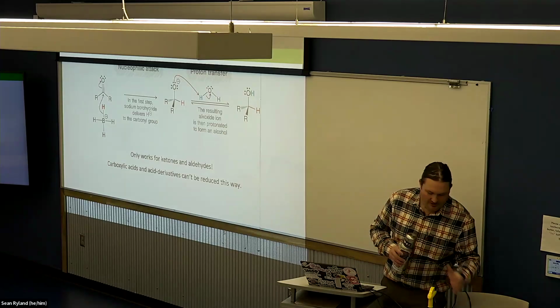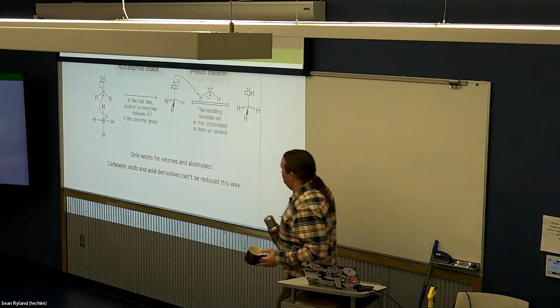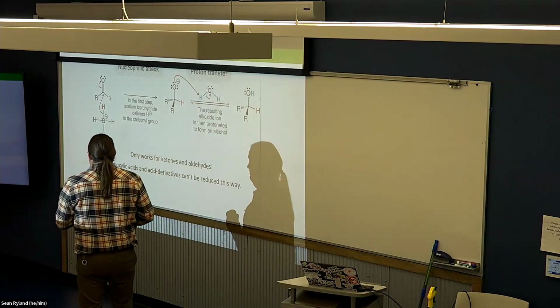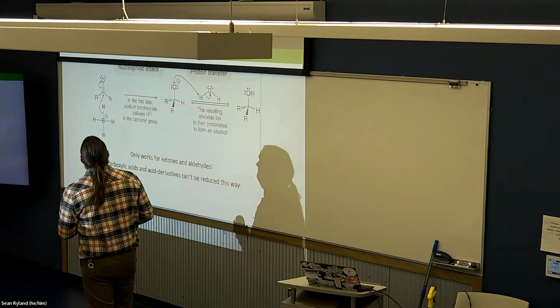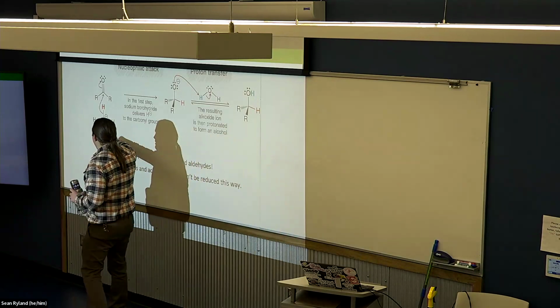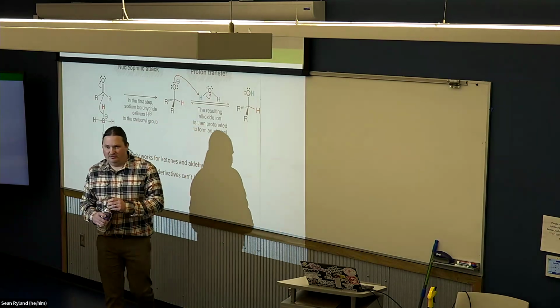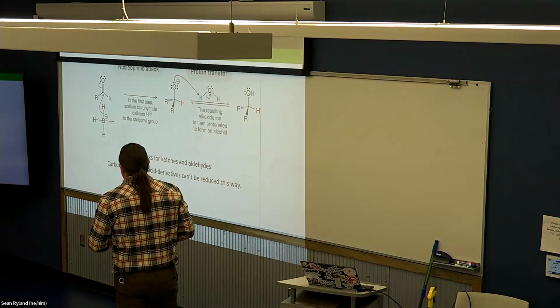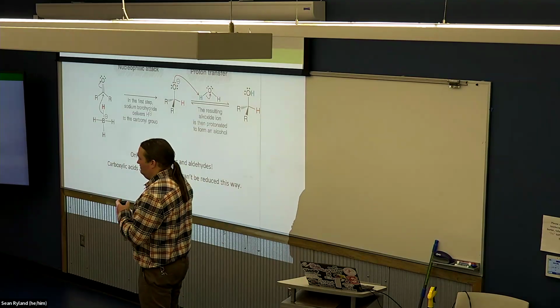So anytime you're going to reduce a carbonyl, it's going to work pretty much like this. Anytime you're using a reducing agent, a hydride source, it's going to look something like this. Your hydride source is just going to be attracted to a partial positive.